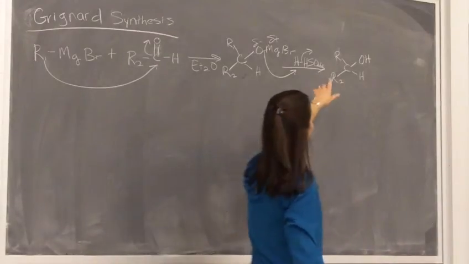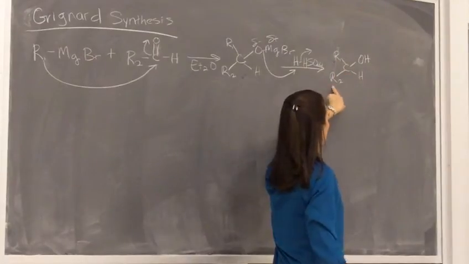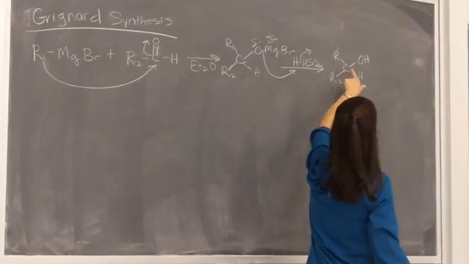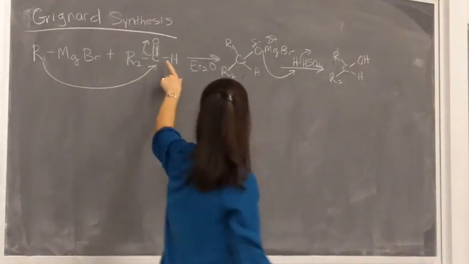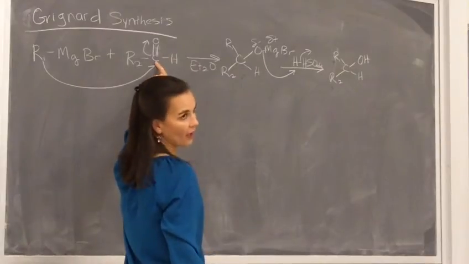Remember, our R1 came from our Grignard reagent, our R2 came from our aldehyde. We're forming an alcohol at the carbon that is part of the carbonyl of that aldehyde.